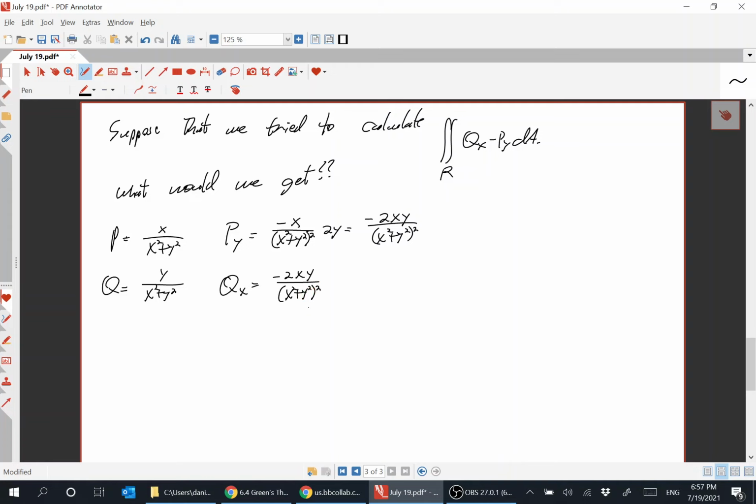Well, therefore, the double integral over R of Q_x minus P_y dA is the double integral of 0, which is 0, of course. So for some reason, the two things are still the same, even though you can't apply Green's theorem. So what the point of the exercise is, I'm not sure.